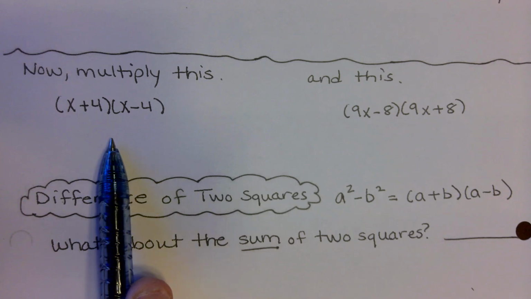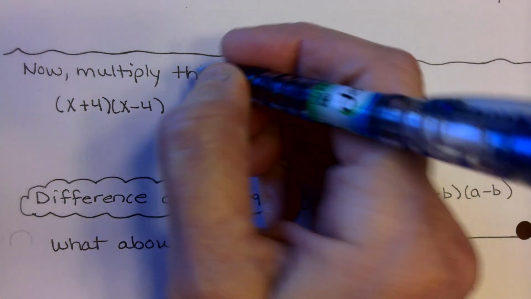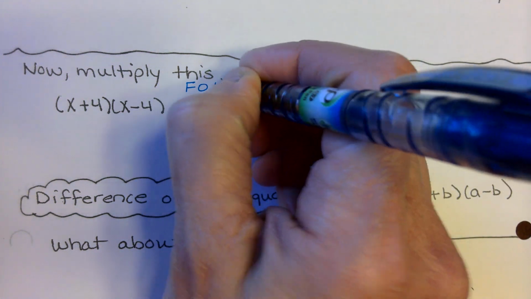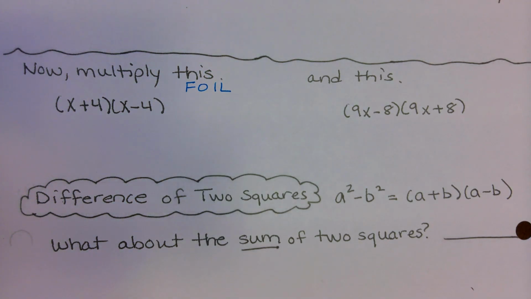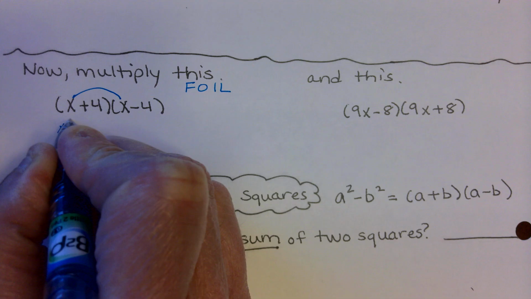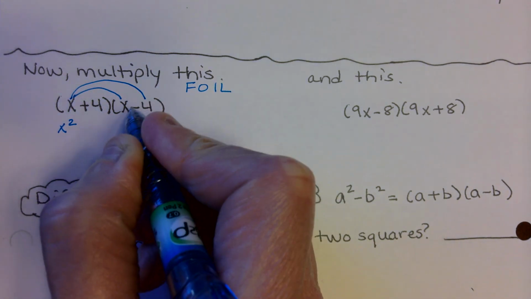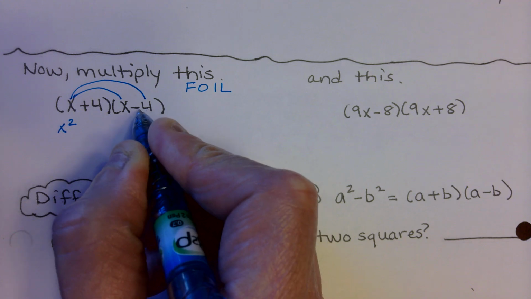And I want you to go ahead and multiply this out. Remember, when you multiply a 2 by 2, you're using FOIL. First terms, outside terms, inside terms, last terms. X times x, x squared, that's the first term. Outside term, x times a negative 4.